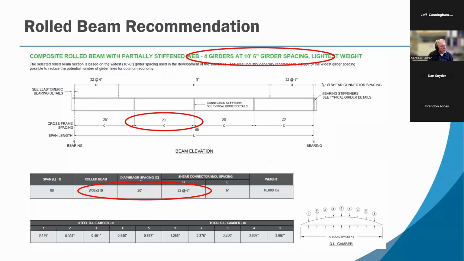And the beam that works for that, the rolled beam that works for that is a W36 by 210 that weighs 16.8 thousand pounds. There's a solution that we can place on the table next to other material types and talk to the fabricators and talk to the bidders and things like that to see which one is the most economical.